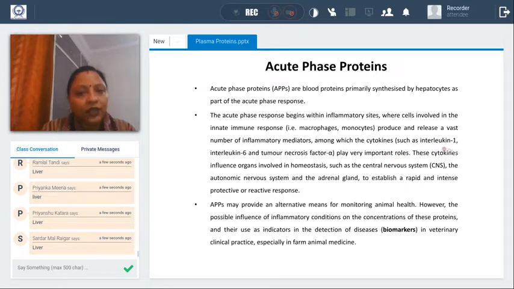These inflammatory mediators play a very important role in this acute phase response.